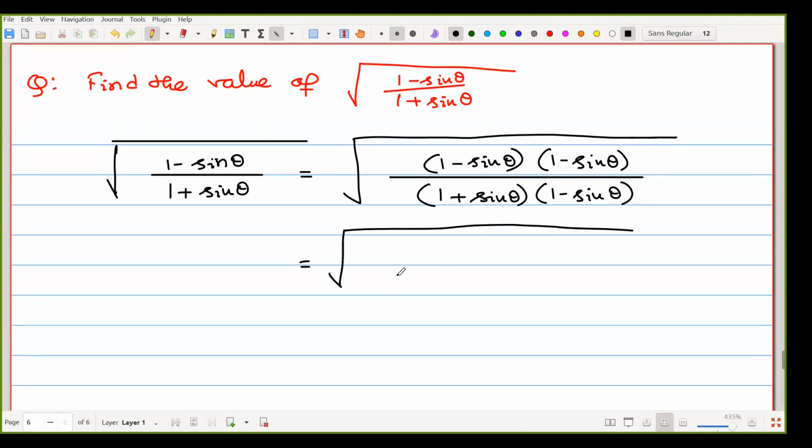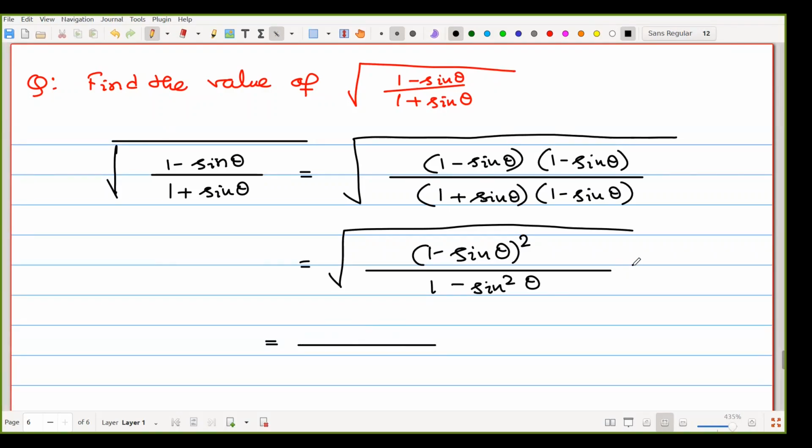So square root of, now look at the denominator, that is 1 minus sine square theta, and the numerator is 1 minus sine theta whole square. After square root, we are getting 1 minus sine theta whole square divided by cos square theta.